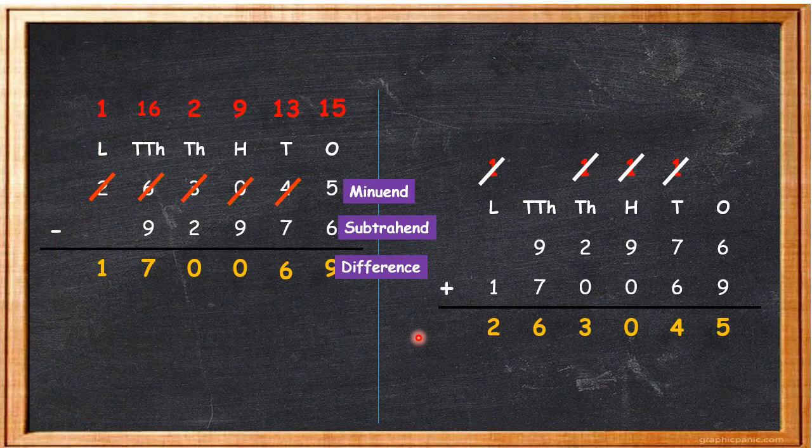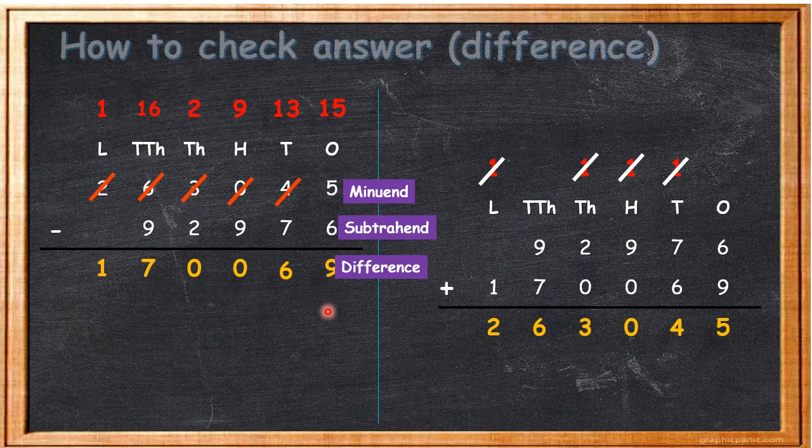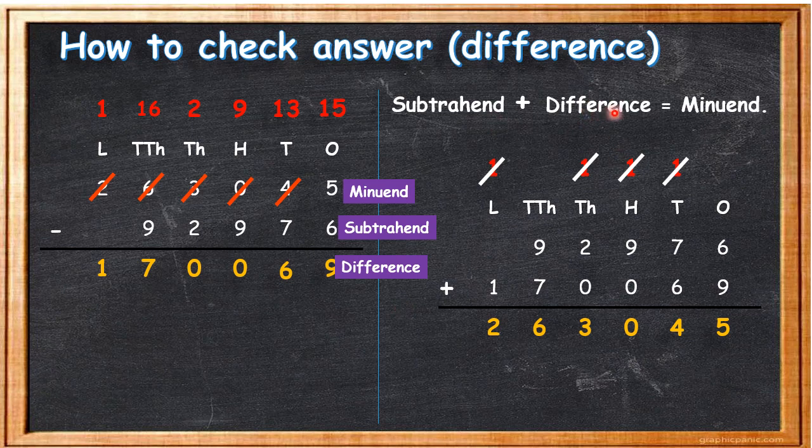Now let's check whether our subtraction is right or wrong. Did we get the correct difference or not? For checking whether our difference is right or wrong, we have to add the subtrahend to the difference. And if we get the minuend, that means our subtraction is right. So children, we have already done the subtraction, so I am not doing it again.